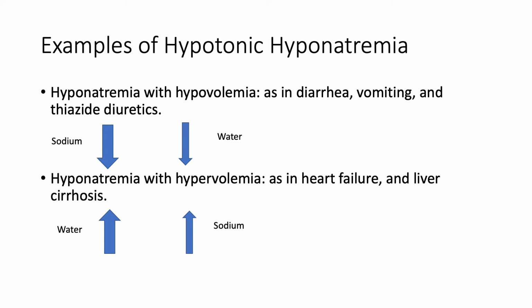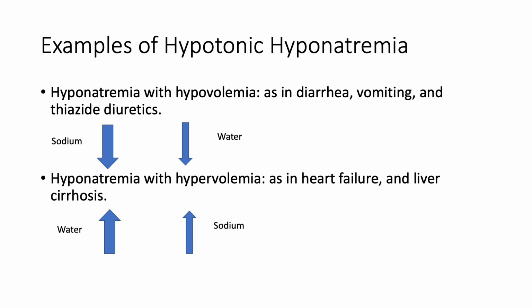So in Lecture 2, we talked about hypotonic hyponatremia, and we said that with regard to volume, volume can be low, can be high, or can be euvolemic, can be normal. Hyponatremia with hypovolemia, examples are diarrhea, vomiting, these are the GI causes, and thiazide diuretics, an important renal cause. So this is a disorder of sodium and water.